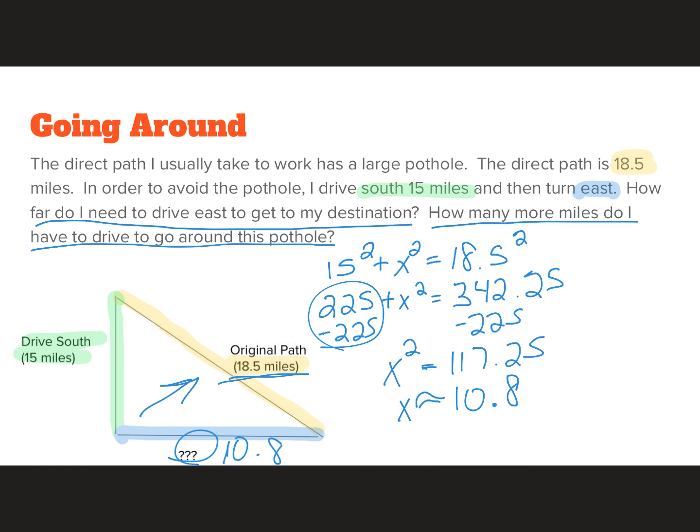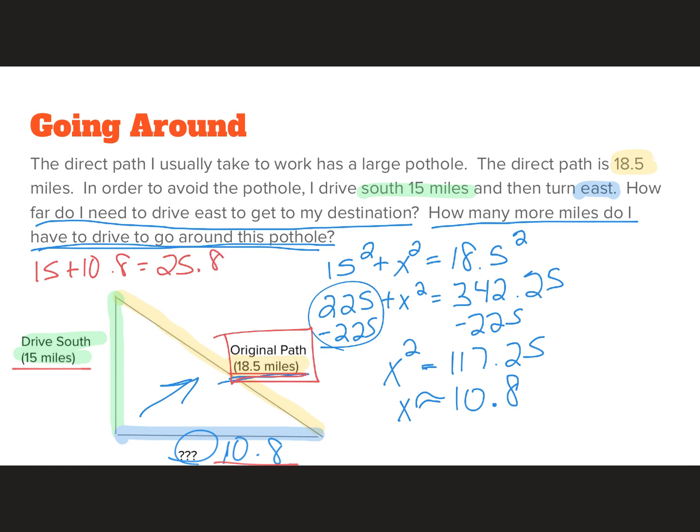The second question asks, how many more miles do I have to drive to go around this pothole? Well, my original path, I'm going to do this one in red. So my original path was 18.5. My new path is 15 miles plus 10.8 miles. So I have 15 plus 10.8 gives me 25.8 miles.